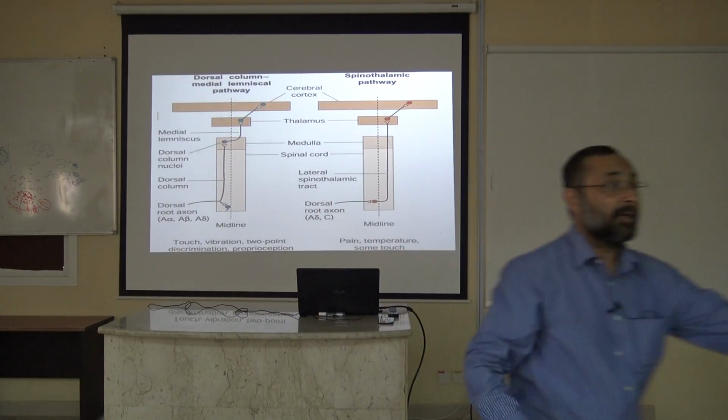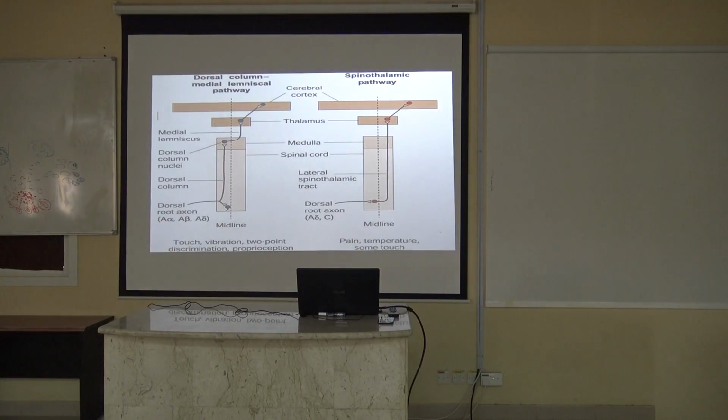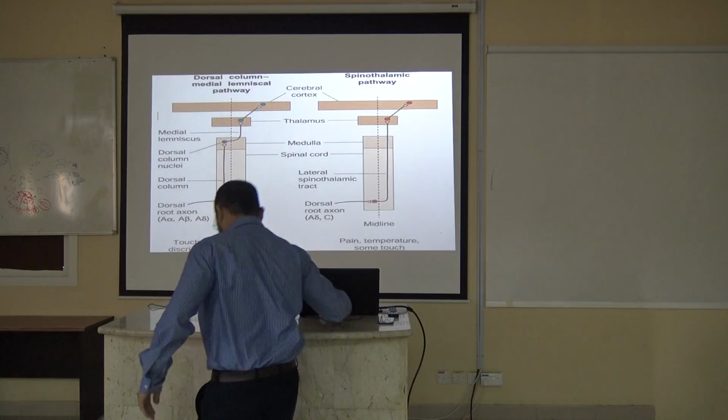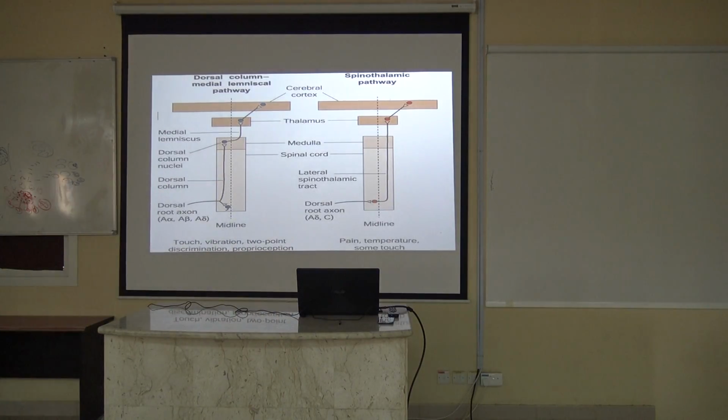touched. If 2 points are being touched, then this differentiation is known as two-point discrimination. What do you call it? 2-point discrimination.